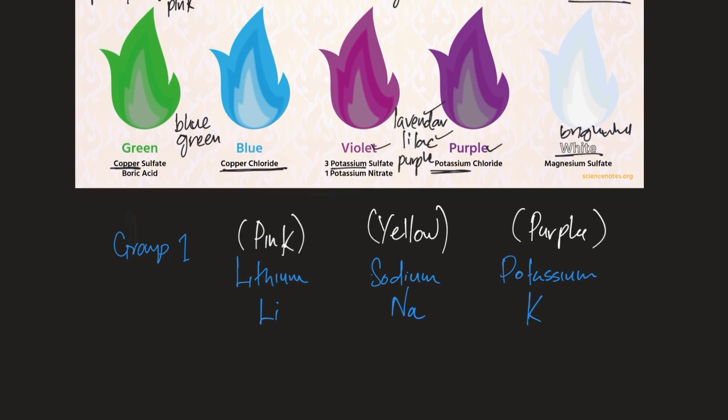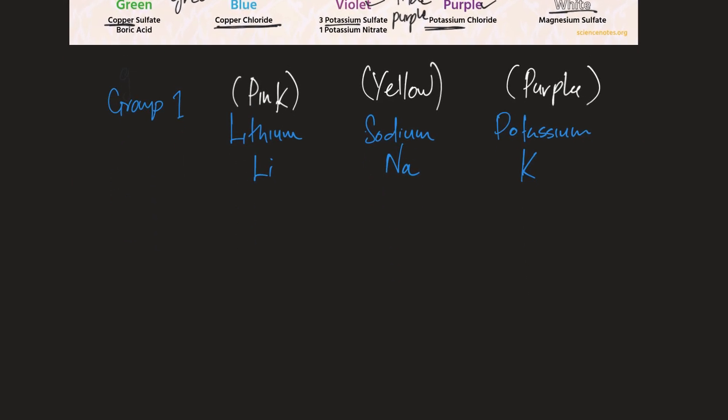Now we need to know the equation. So we're going to look at the equation, and we need to know what the balanced equation is. Let's look at the first one. I've got lithium, which is a solid. You don't have to know whether it's solid, liquid or gas, but I'm teaching it to you now so that you can grasp that.